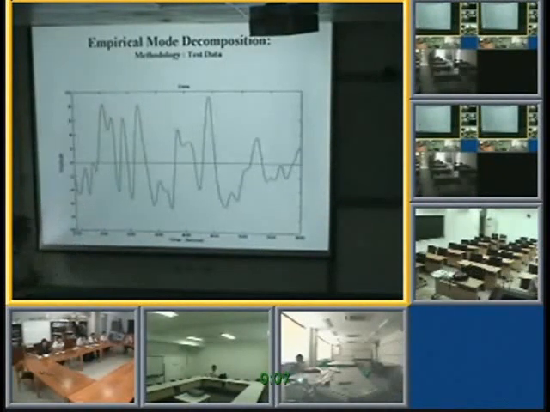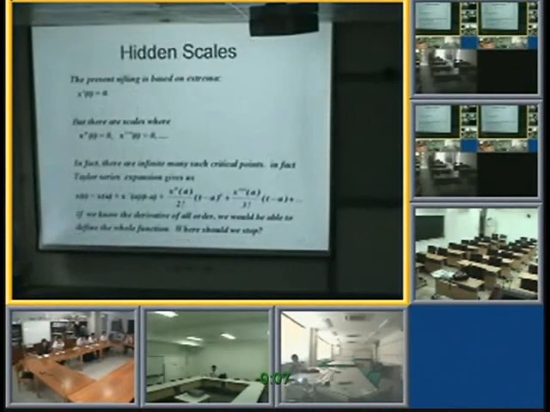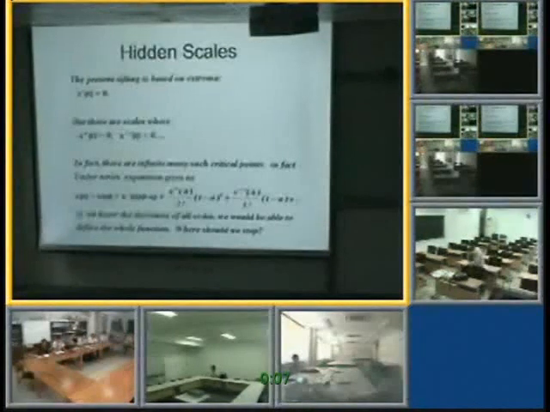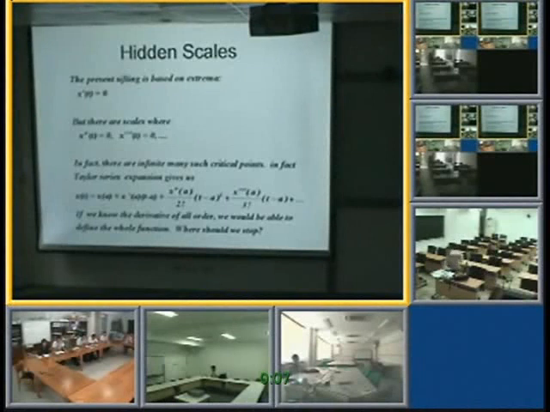Okay, so to look for this hidden scale, we have right now the present shifting, which is already one step further than zero crossing. In the past, I have mentioned it to this class before. In the past, people studied noise, especially S.O. Rice.